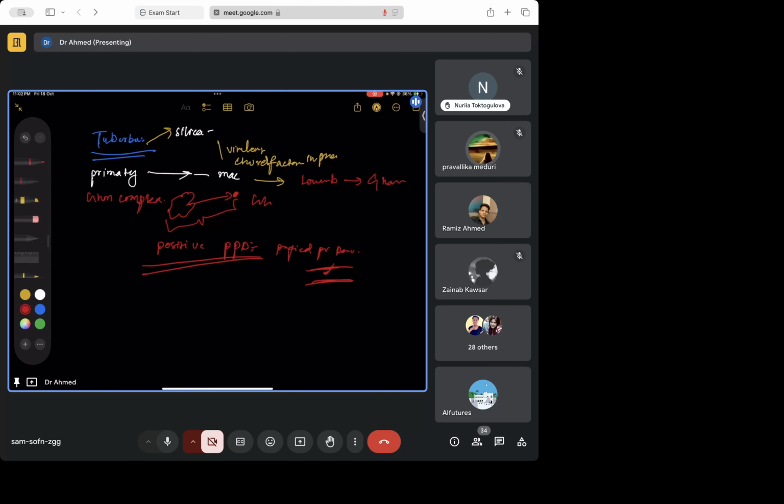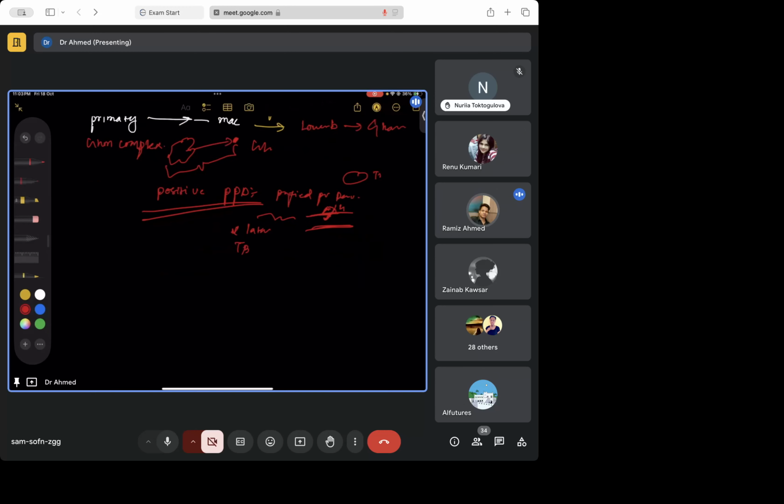If this person has some latent infection, or had TB in the past, he already has some memory cells, simply you can think of it. So if I take some portion of this TB bug and inject it under his skin, after 48 hours I will see some inflammatory response. Simply, this is your PPD test.